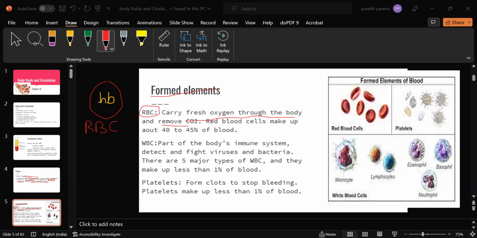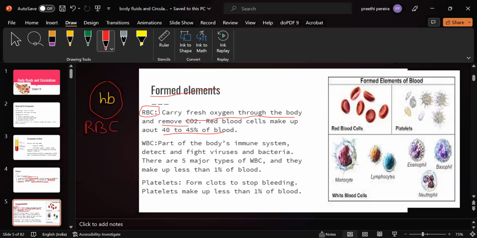So inside RBC, there is a component that is hemoglobin. It binds to oxygen and transports oxygen to each and every part of our body. Not only that, it also binds with carbon dioxide, goes to the lungs and removes the carbon dioxide. So RBC makes about 40 to 45% of the blood.